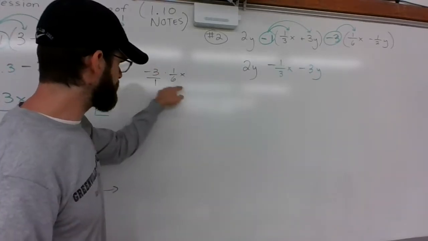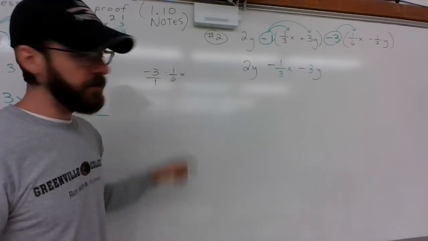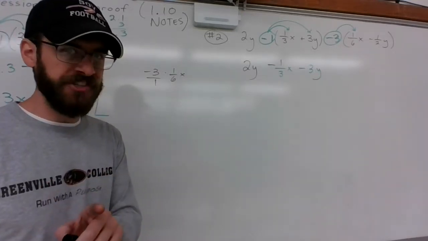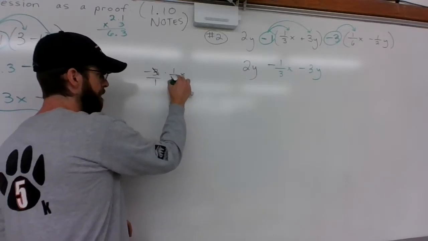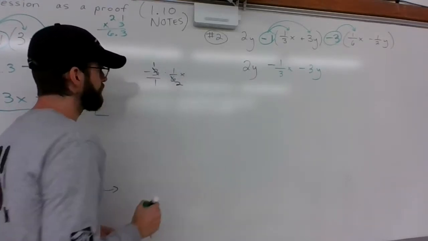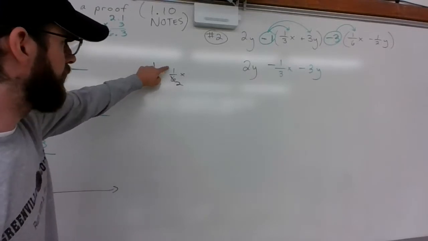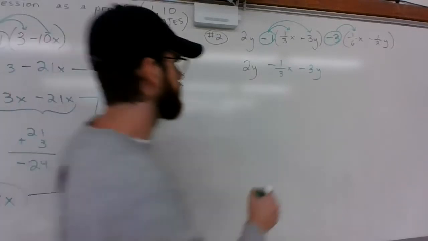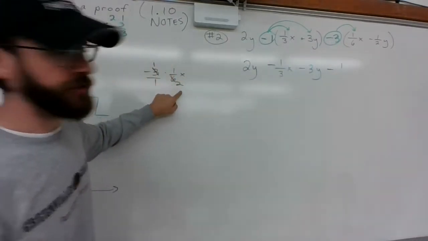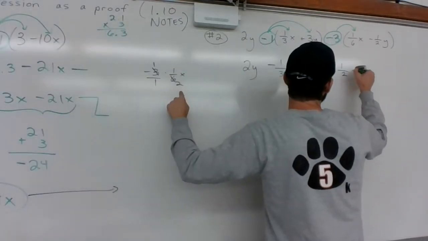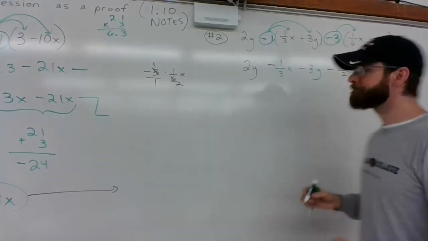Multiply straight across and then simplify it, or simplify it first through cross cancellation. 3 divided by 6 is 1 over 2. So this is really negative 1 over 1 times 2. Yeah, it's a half.